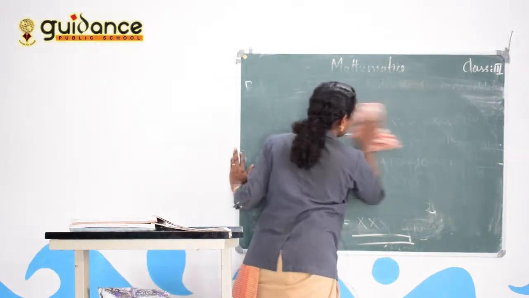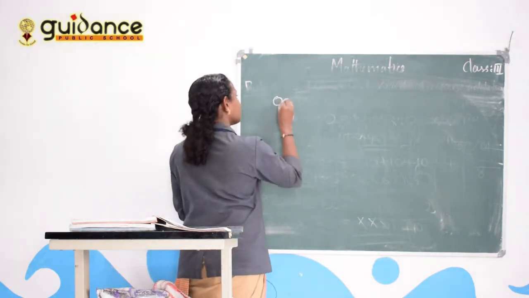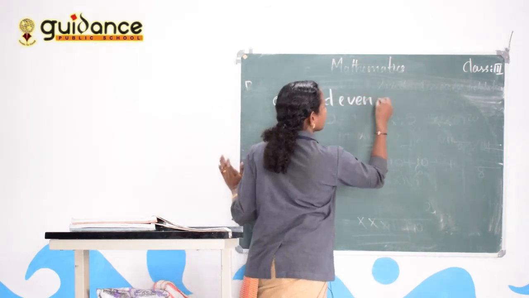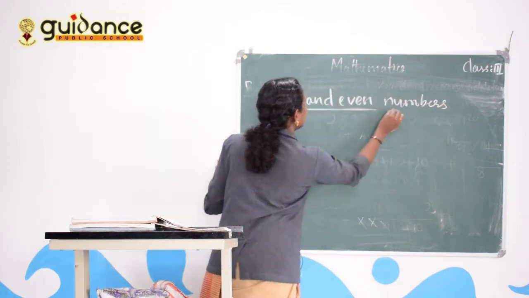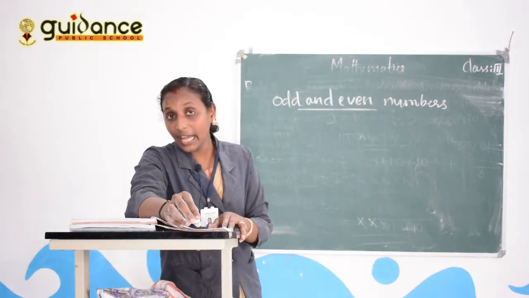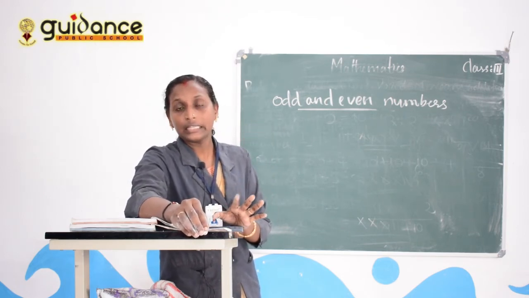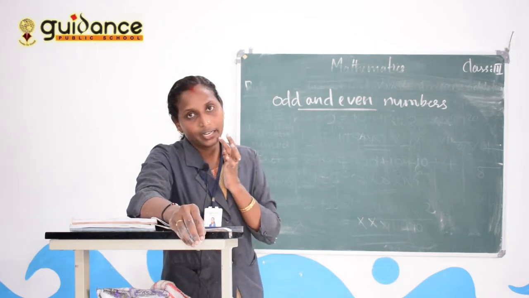Okay. The next one is odd and even numbers. So what is an odd number? The number that ends with 1, 3, 5, 7 or 9.